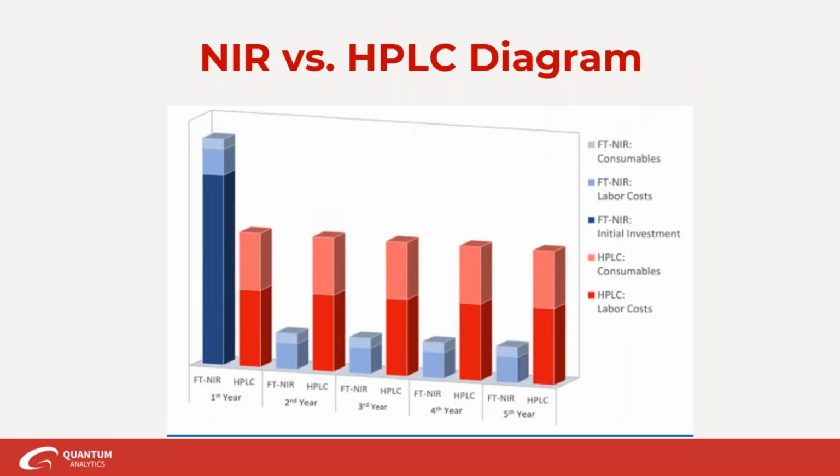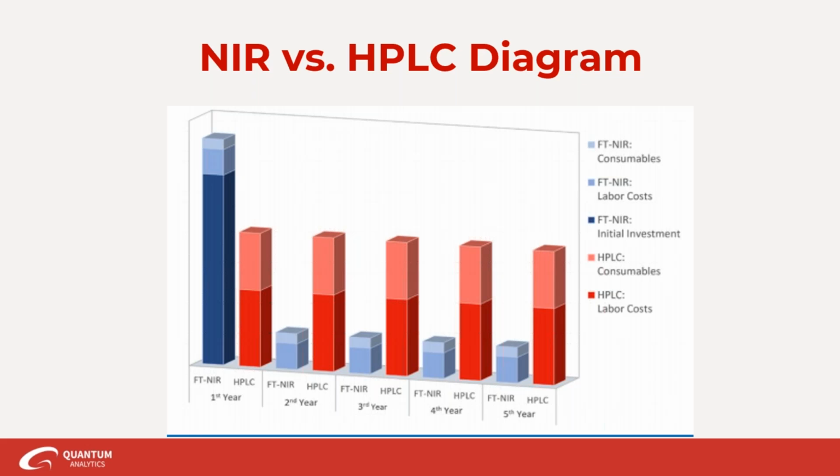And this is just to begin to show you the advantages of using this. This is a comparison of using NIR for some kind of measurement versus HPLC. You see there's a pretty substantial initial investment in the first year. But after that, your consumables and labor costs using the NIR method are greatly reduced.